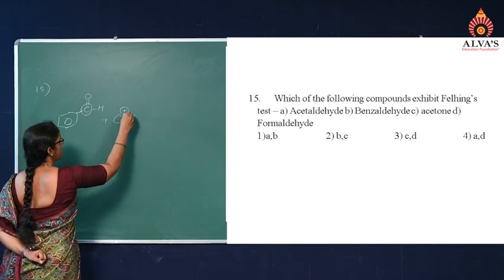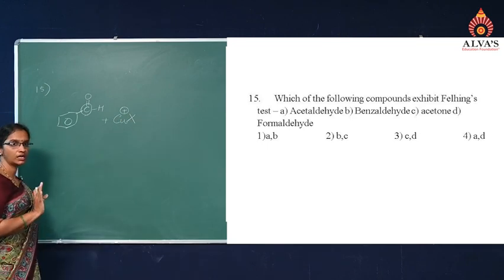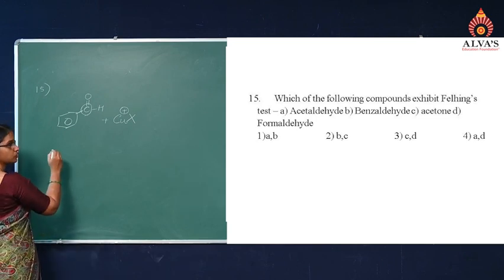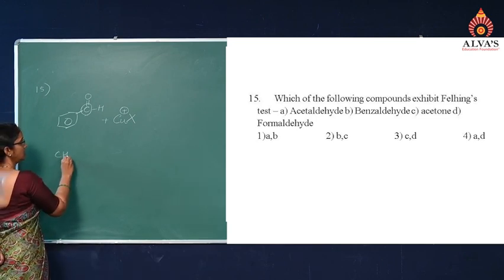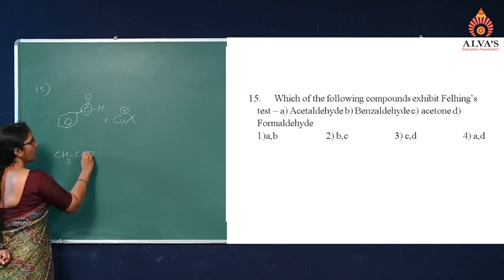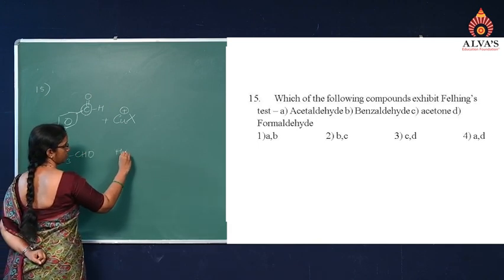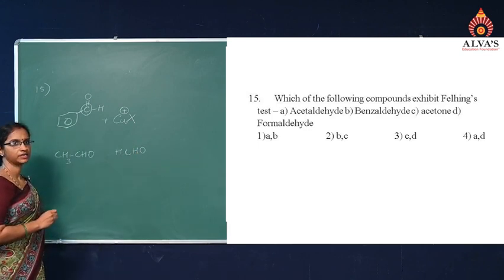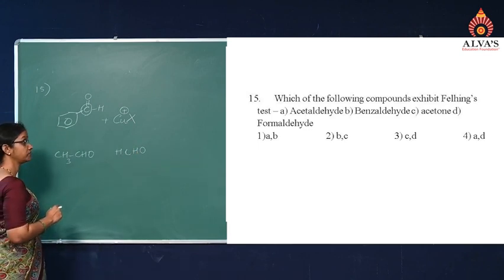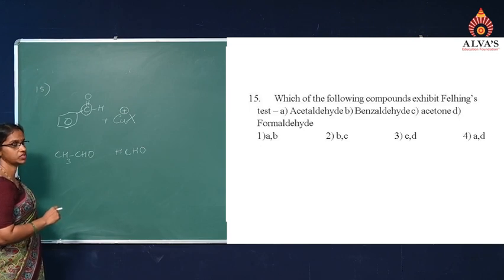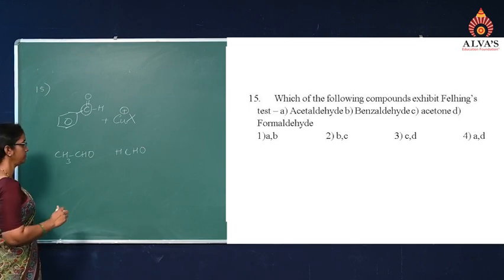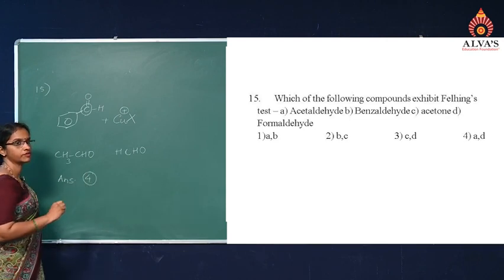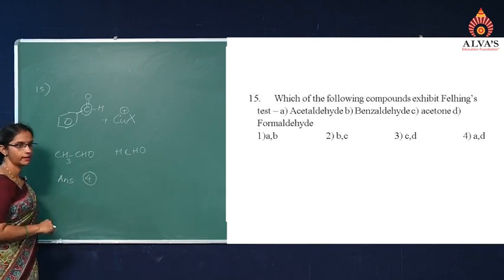Hence, benzaldehyde does not undergo reaction with Fehling solution. We are left with only acetaldehyde and formaldehyde. These two will react with the Fehling solution and answer Fehling's test. Hence, our answer is the 4th option, which has A and D.